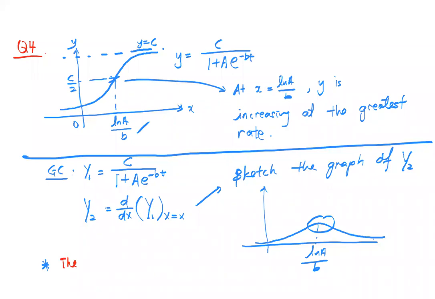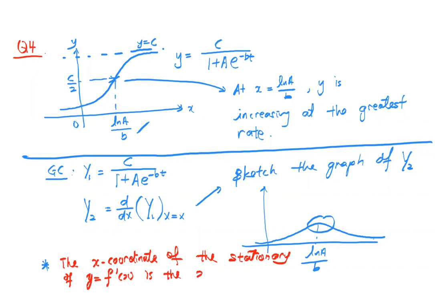The x coordinate of the stationary point of y equal to f prime x is the x coordinate of the inflection point of y equal to f x.